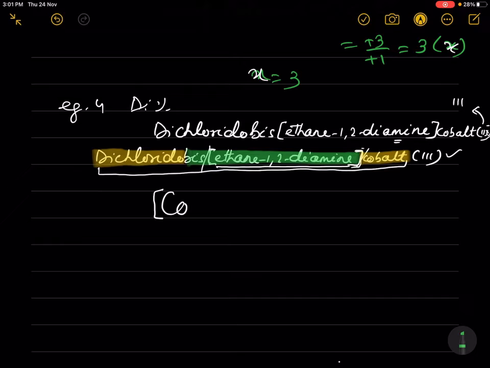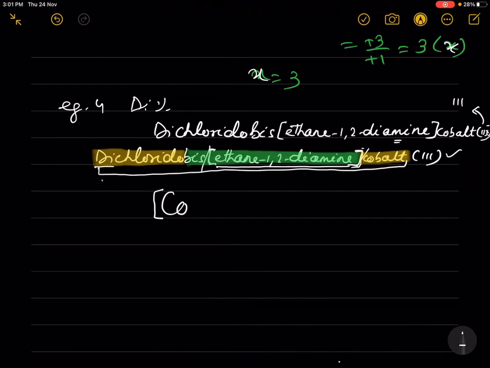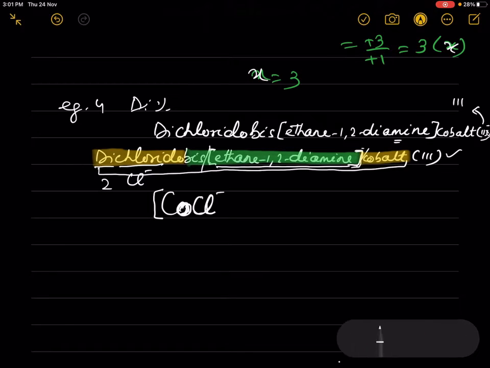Dichlorido means di means 2, chlorido means Cl minus. I should write Co. You see, there should be no gap between different letters, Co, Cl, but no need of writing the minus as well.